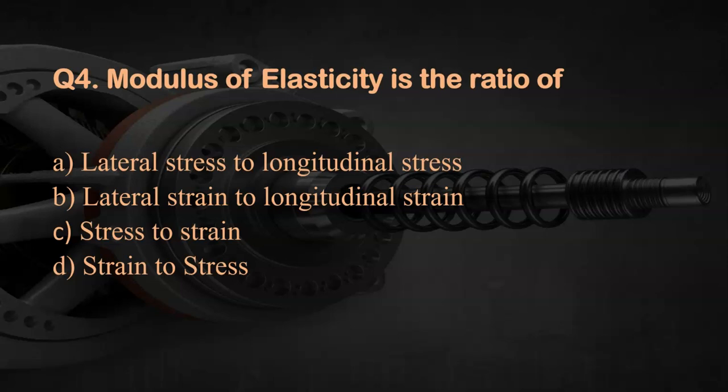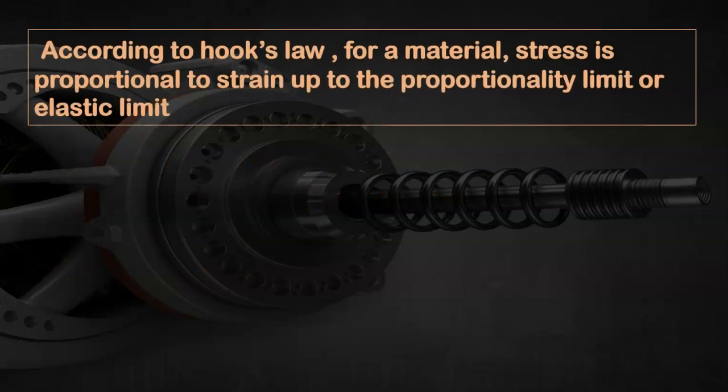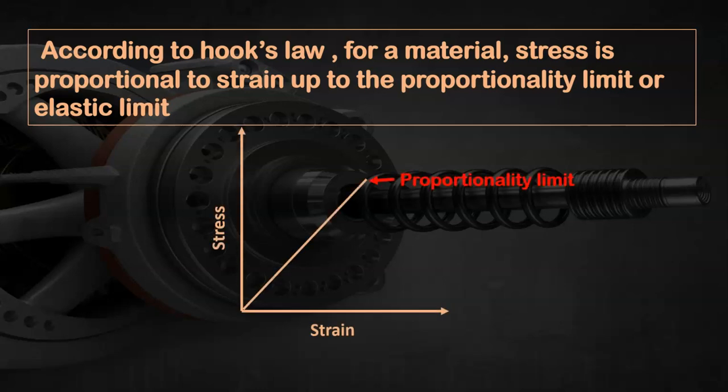Now question 4, modulus of elasticity is the ratio of option A, lateral stress to longitudinal stress, option B, lateral strain to longitudinal strain, option C, stress to strain, and option D, strain to stress. According to Hooke's law, for a material, stress is proportional to strain up to the proportionality limit or elastic limit.